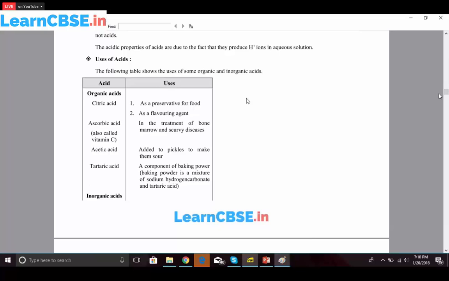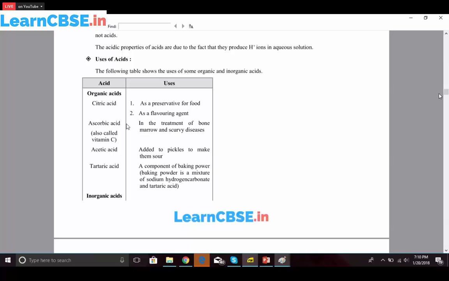Then comes the uses of acids. Some of the uses of organic and inorganic acids. The organic acids first, which we get from nature. Citric acid is used as a preservative for food and also as a flavoring agent.